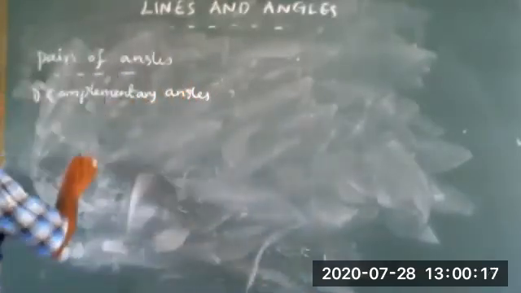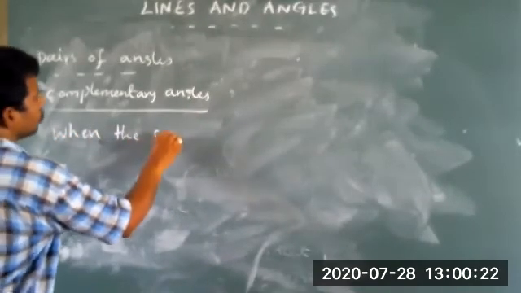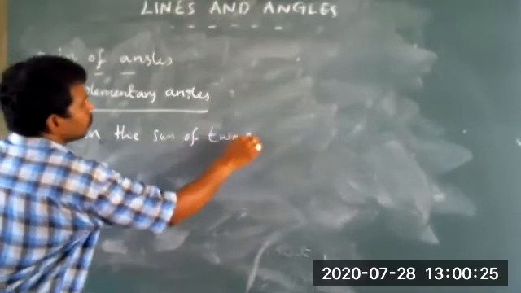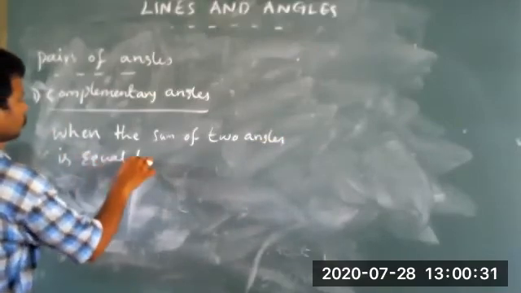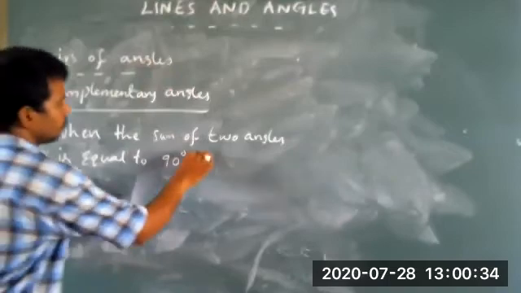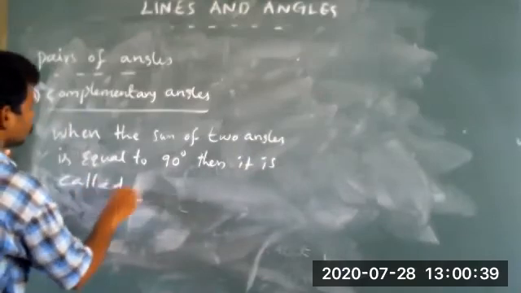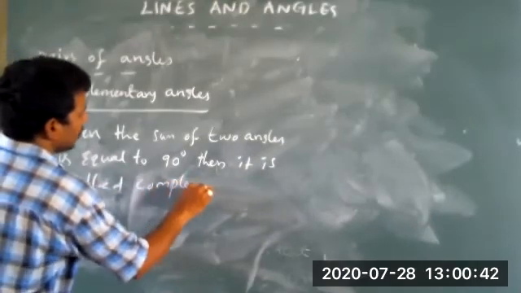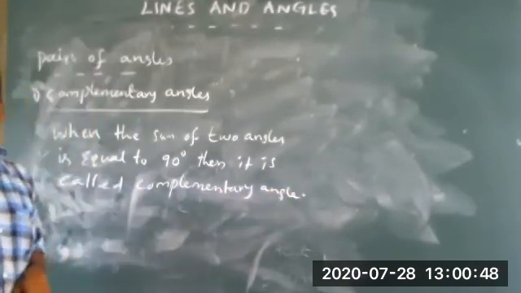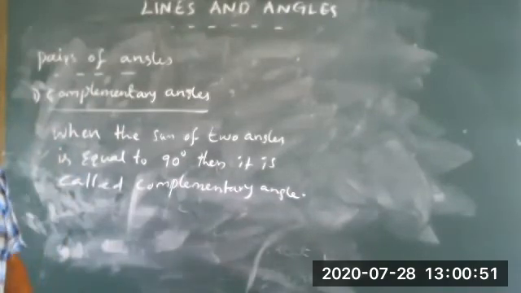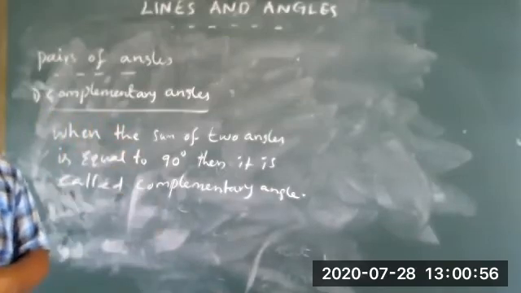When the sum of two angles is equal to 90 degrees, then it is called complementary angle. Once again, children, what about complementary angle? When the sum of two angles is equal to 90 degrees, then it is called complementary angles.